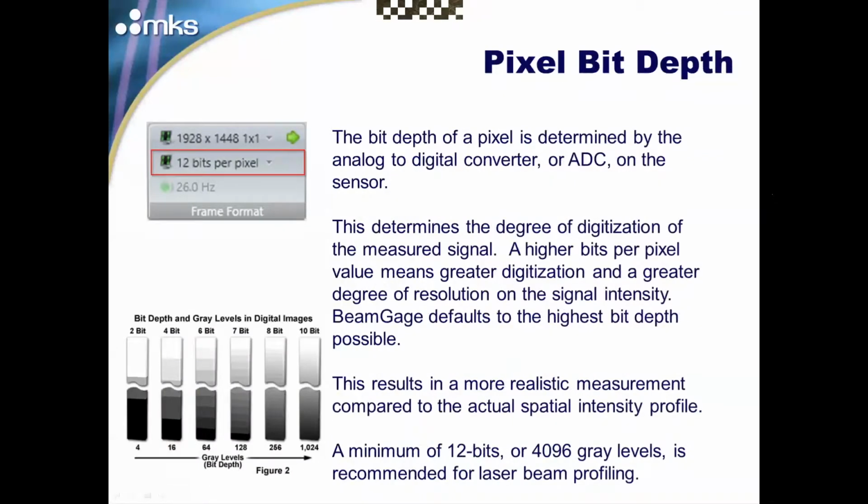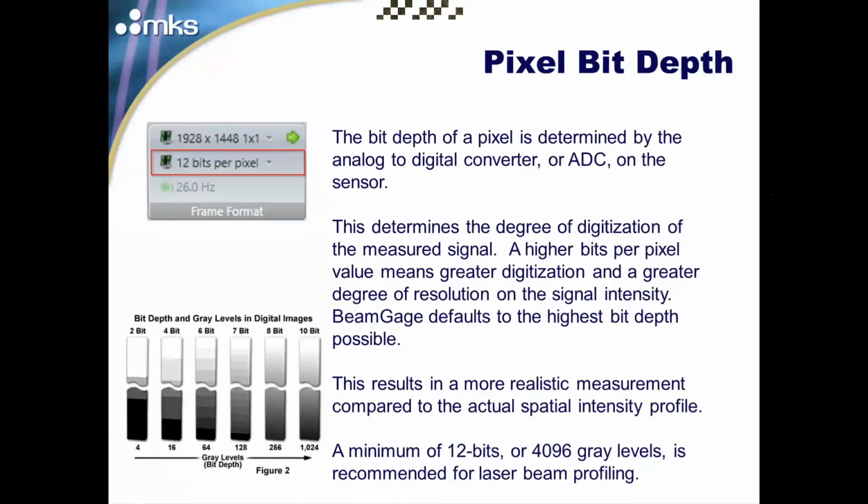The next thing within the image format that you want to make sure you have set is the pixel bit depth. The pixel bit depth is how much digitization there is in every pixel. So how many layers or counts of intensity are possible for each pixel.